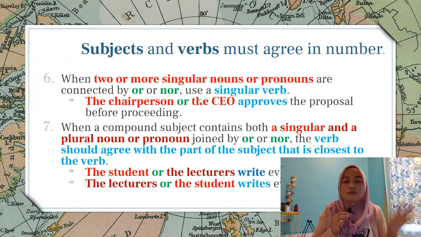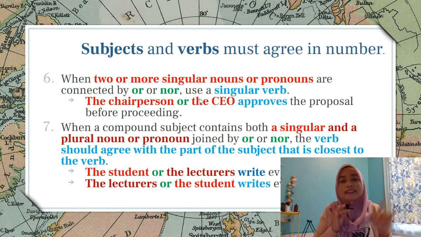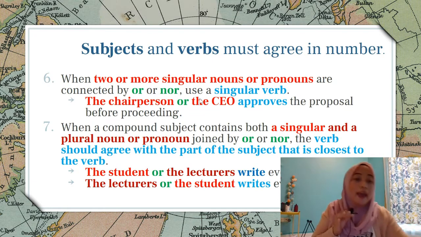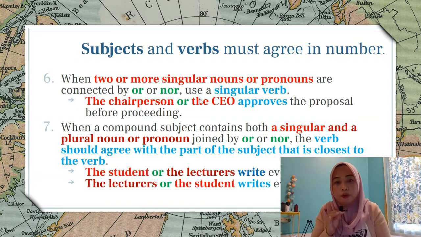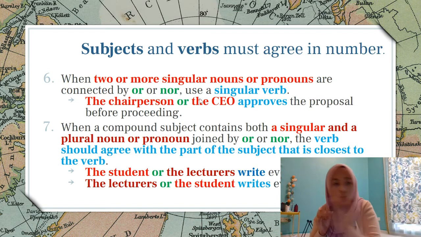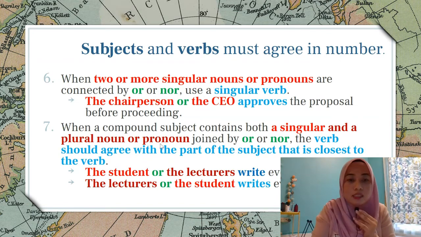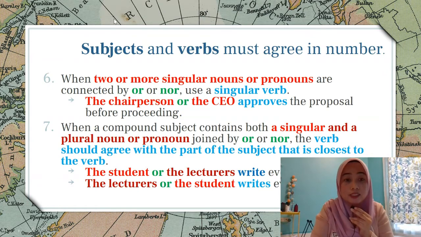Moving forward now, rule number seven. When a compound subject contains a singular and a plural noun joined by "or" or "nor", the verb should agree with the part of the subject that is closest to the verb. It's similar to rule number six, but the difference is that in rule number six, both have to be singular.